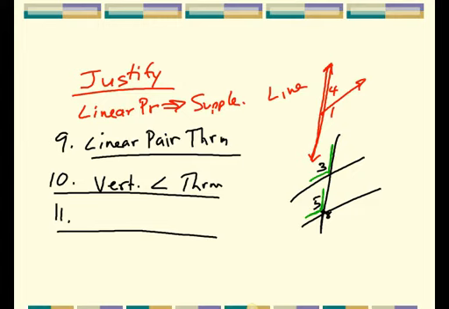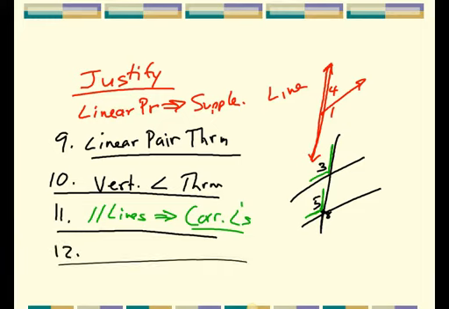So what's given? The if is that the lines are parallel. So parallel lines is what you want to write down first. And what are we concluding? We're concluding these angles are equal, and they are corresponding angles. So given that the lines are parallel, if the lines are parallel, then the corresponding angles are equal.